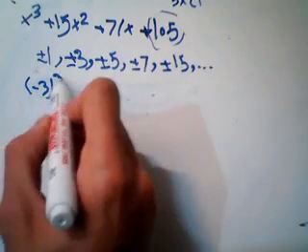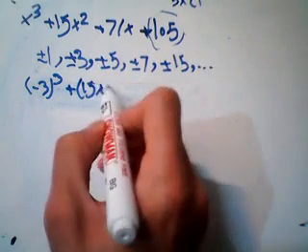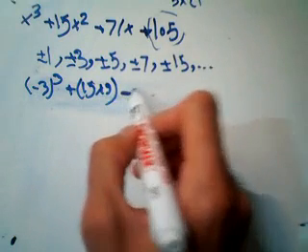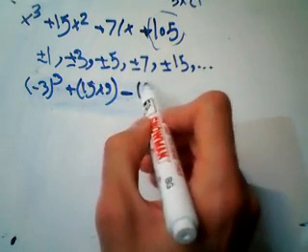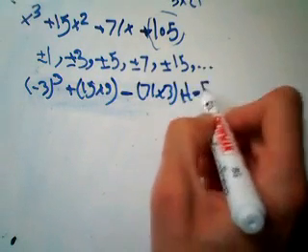Minus 3 cubed plus 15 times 9 minus 71 times 3 plus this.